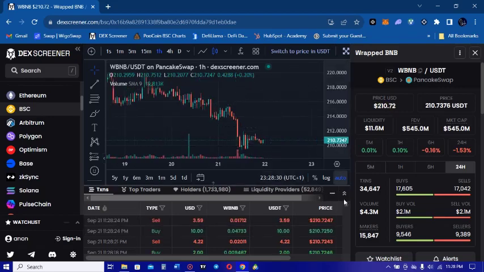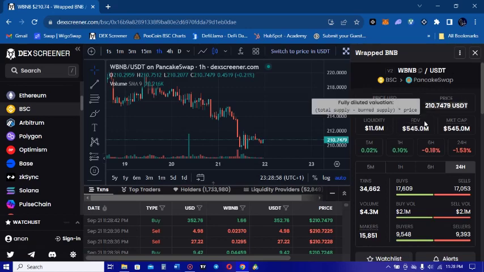Now let's look at the other parts here, and this is what I'm also interested in. I'm interested in this side. So on the right hand side, you can see the token ticker, the blockchain, and the DEX it's being traded on. Now this is the price in USD, then the price in USDT, that is the quote asset. Now the liquidity, fully diluted value, and the market cap.